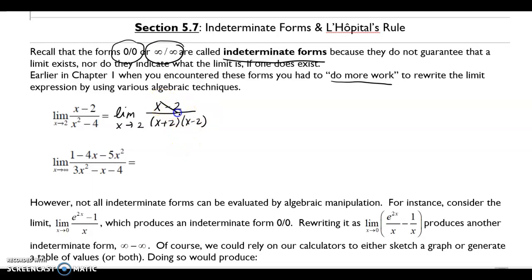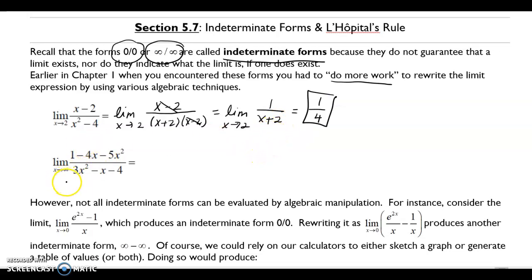And then I see that my x minus 2's cancel out. So then I'm really just evaluating this limit for 1 over x plus 2. And then when I evaluate it at 2, I get 1 over 4. So that was a 0 over 0 type.